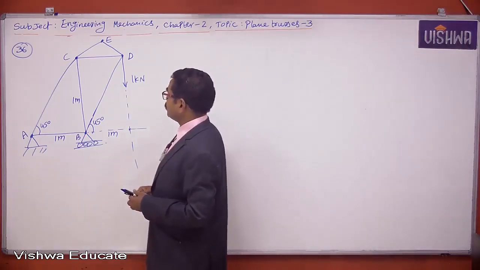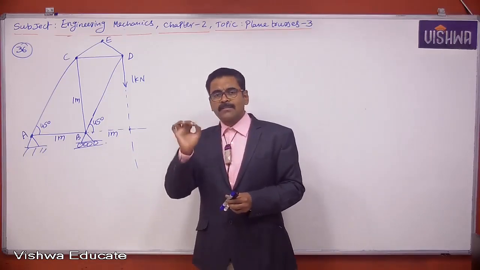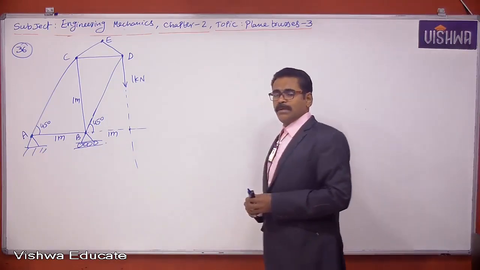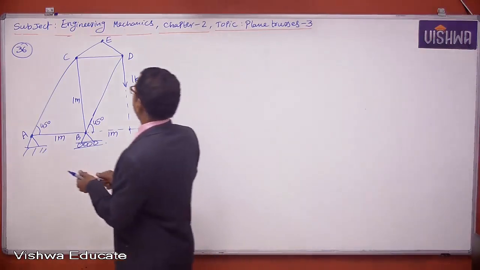First observe joint A. At joint A, two non-collinear members are joined without carrying any external load. That means those two members will carry zero load.